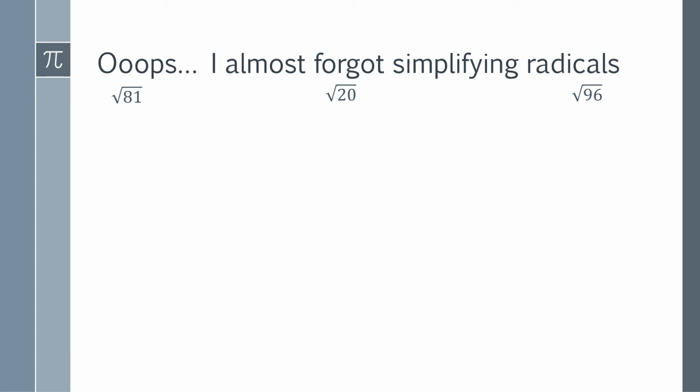Oops, I forgot about simplifying radicals. In this particular lesson, you have to know how to do that. So, 81, we know that that is 9 because 81 has a perfect square of 9, because 9 times 9 is 81.